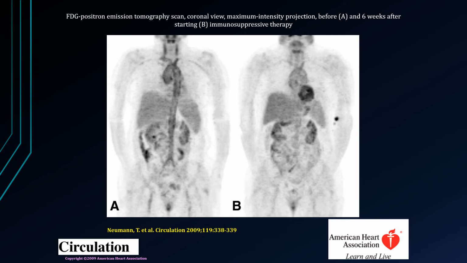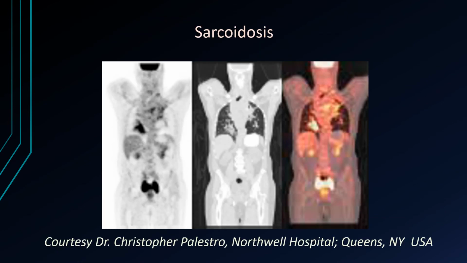And not only that, you can use it for therapy monitoring. So once the patient's been on immunosuppressives, there's marked improvement. There is some residual uptake, but overall there's been a marked improvement. Again, something that you may not be able to track with MRI because even at baseline, MRI was negative.